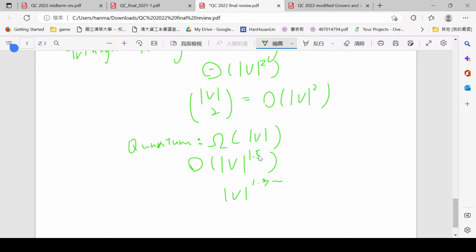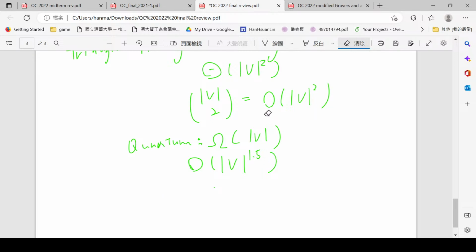Anyway, there is still a gap between the lower bound and the upper bound. That's a lot of digression, but the point is: how do we get this 1.5 upper bound?